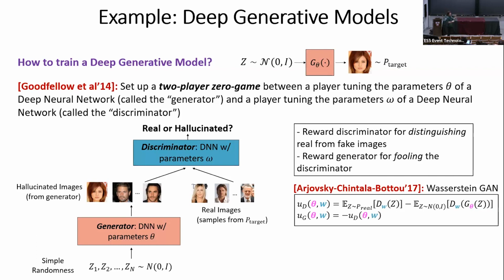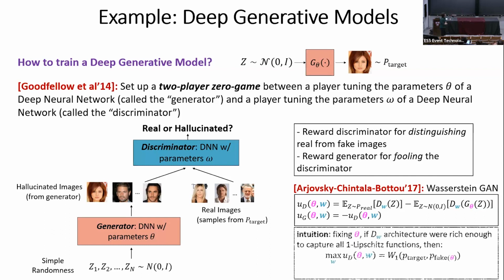The generator is rewarded for trying to fool the discriminator. Of course, in practice, these expectations are approximated with finite samples and stuff like that, but that's not the point of my talk. I'm just telling you the intention of how these things are defined.